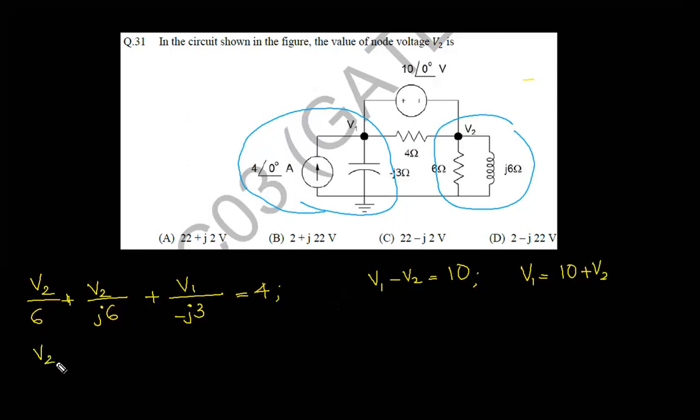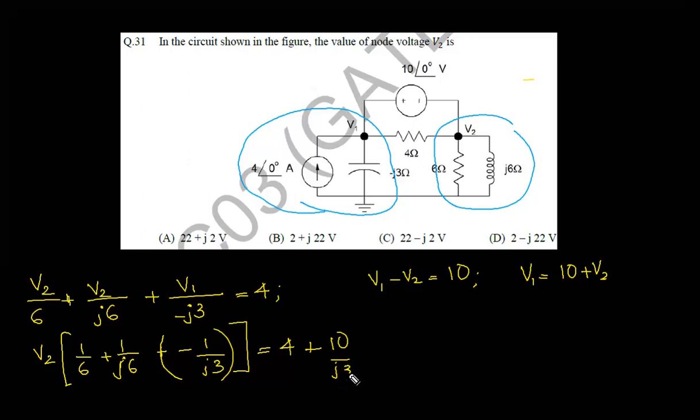So I am taking V2 as common, 1 by 6 plus 1 by J6. Substituting for V1, that is 10 plus V2 by minus J3, right? And taking V2 common, so there is minus 1 by J3, equal to 4, plus 10 by J3.